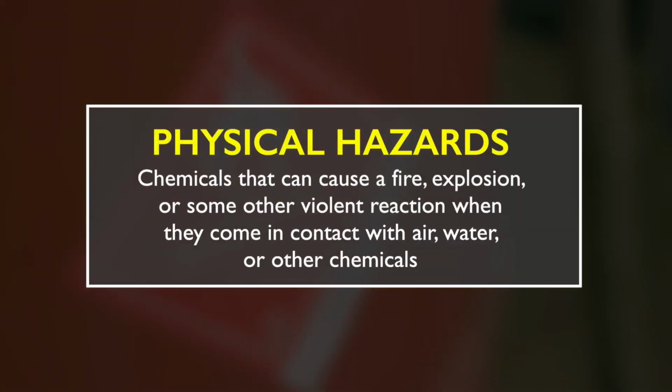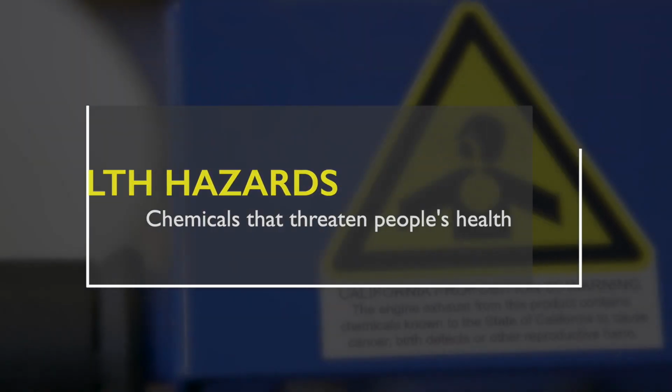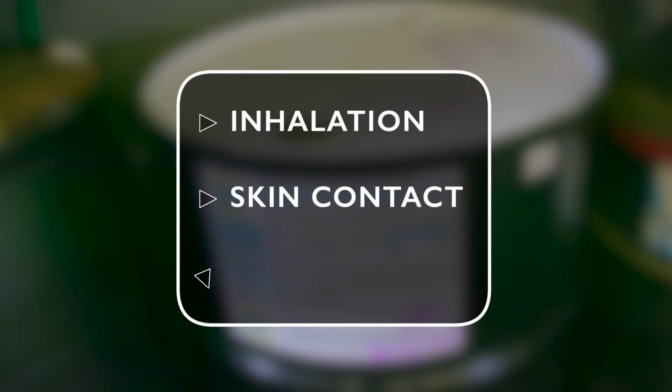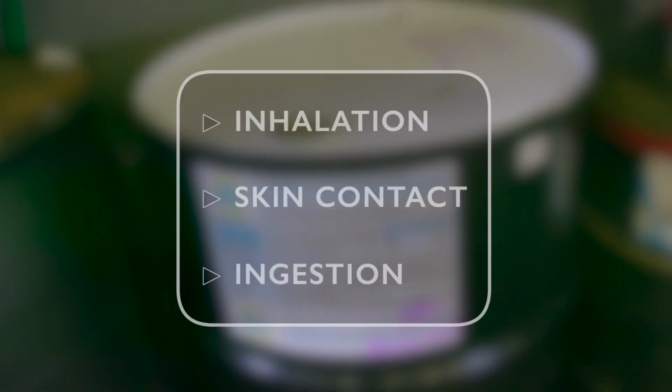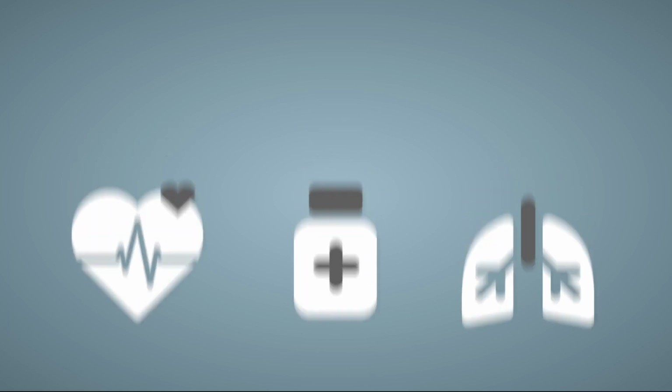Physical hazards are those chemicals that can cause a fire, explosion, or some other violent reaction when they come into contact with air, water, or other chemicals. Chemicals that threaten people's health are called health hazards, entering the body in one of 3 ways: inhalation, skin contact, or ingestion. These chemicals can cause both short-term acute health problems and long-term chronic health problems.